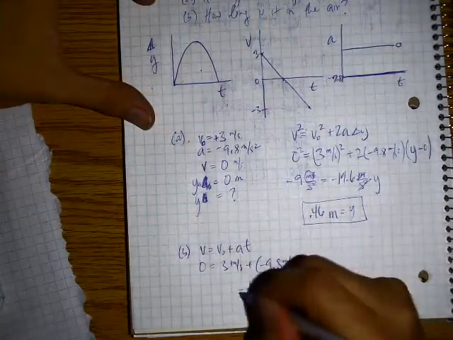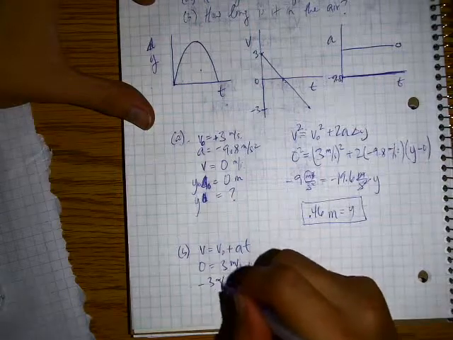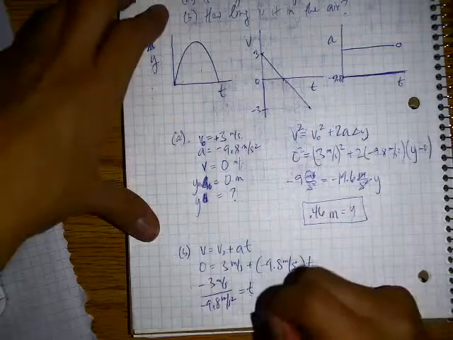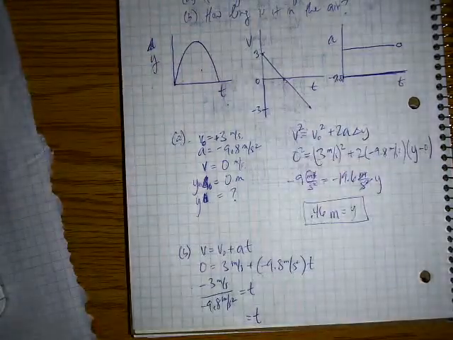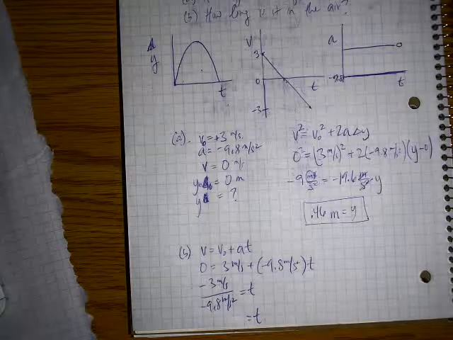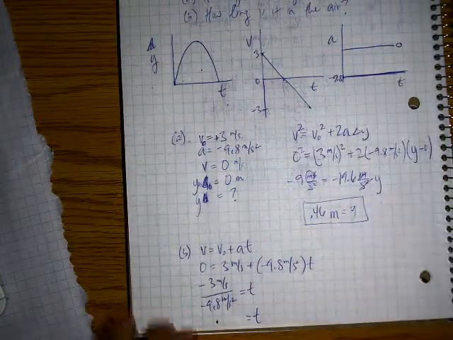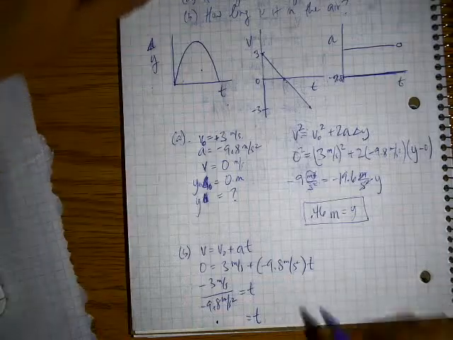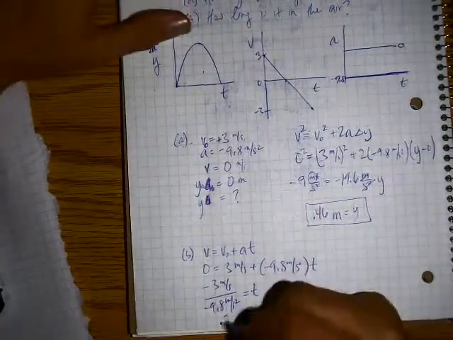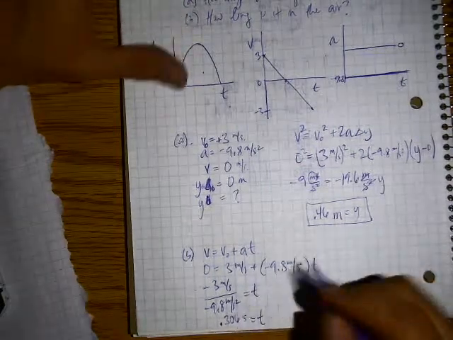And so time is, doing the algebra, -3 divided by -9.8 meters per second squared. This is 0.31. I have a real calculator, I just don't have it with me today, so I'm scooching over to my computer, sorry about that. To three significant figures, we're at 0.306 seconds.